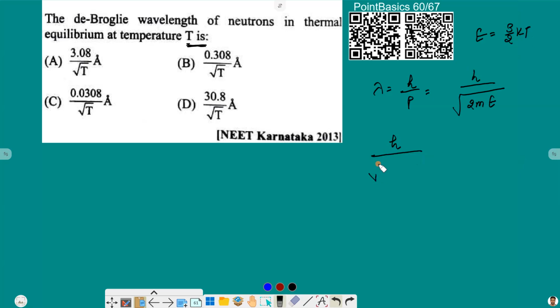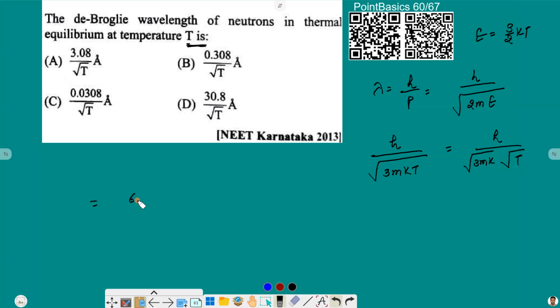So it will become h by under root 3mkT. So this can be written as h by under root 3mk, as these values are known to us, into 1 by under root T.